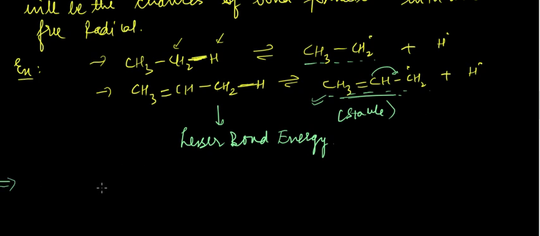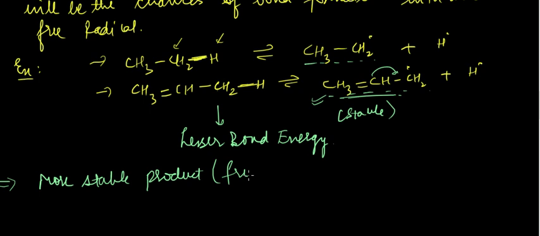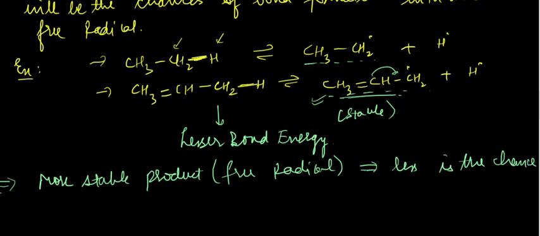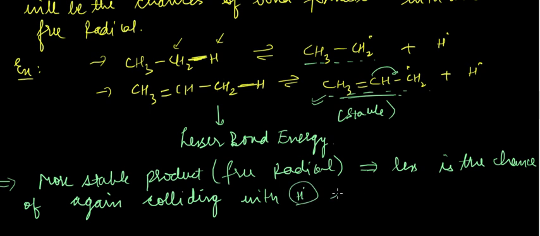So again I can write it as more stable product. By product I mean more stable free radical. This implies less is the chance of again colliding with H dot free radical. Okay.